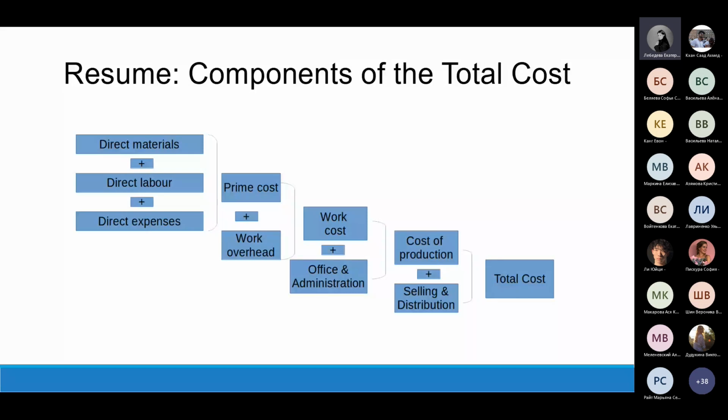It is the basis of some decision-making policies. For example, your manager's bonus policy may be related to the total cost and total cost differences that could occur during the period. So components of the total cost are very important here.